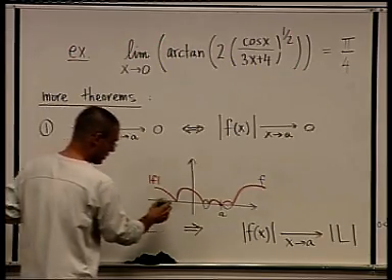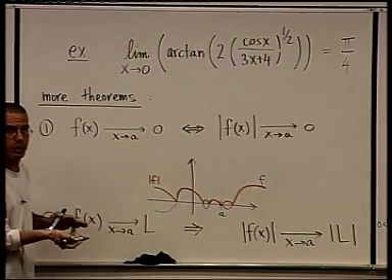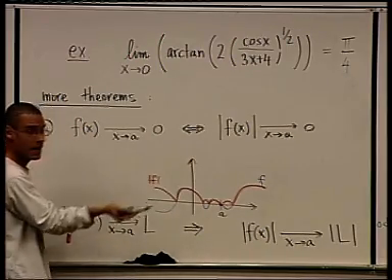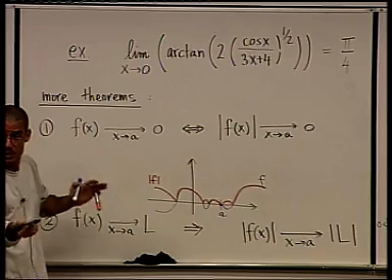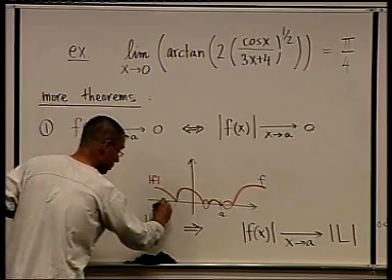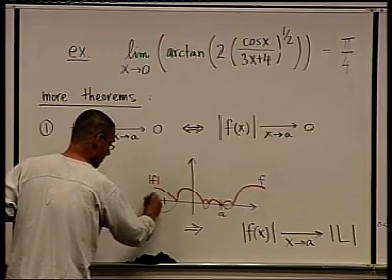Let's take a point. Well, if everything is positive, it's boring, right? Because f of x and absolute value are the same thing, and L and absolute value are the same thing, if everything is positive. So let's look at a point where things are negative. For example, this point. Let's take this point to be A now.